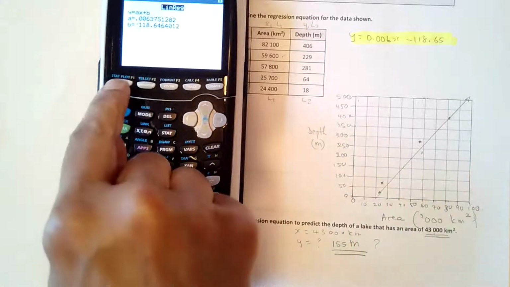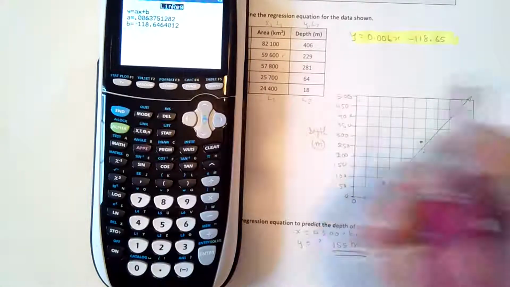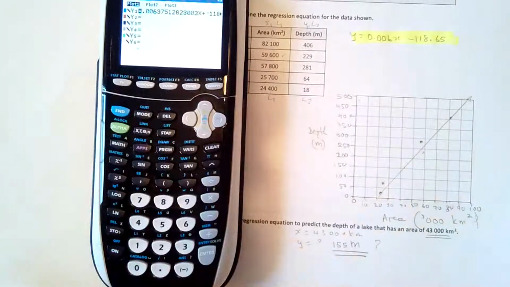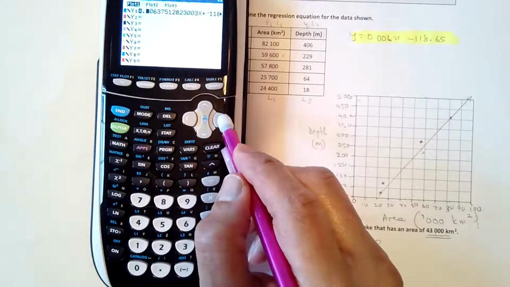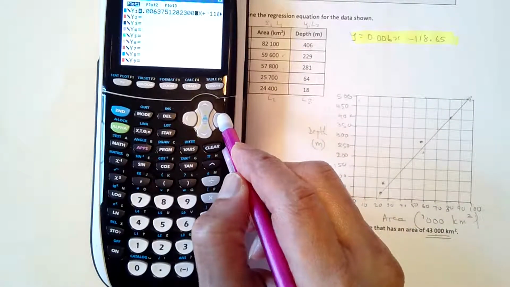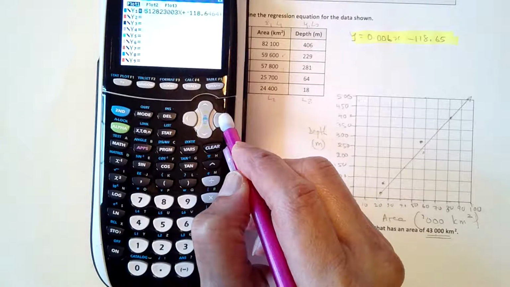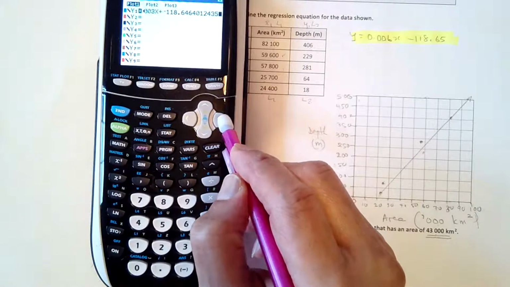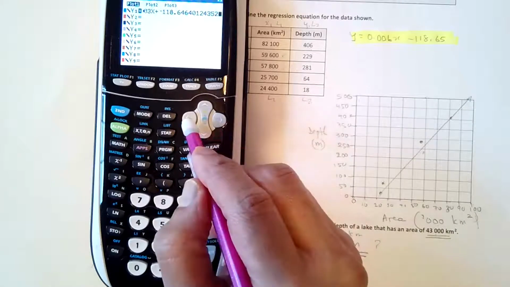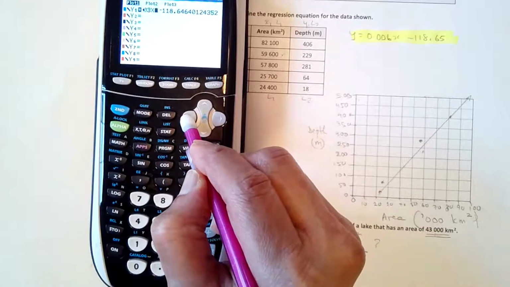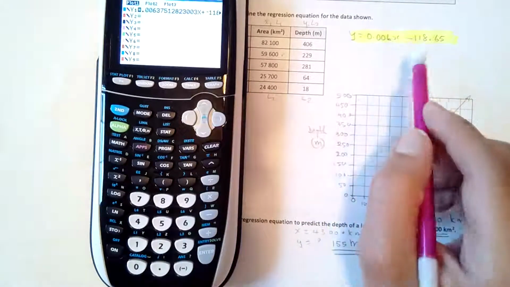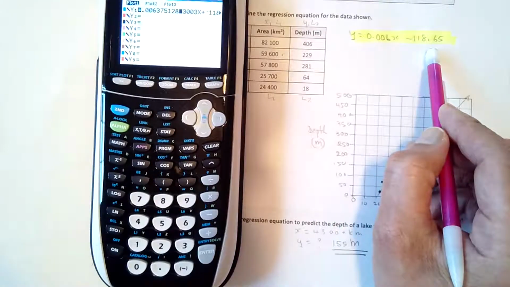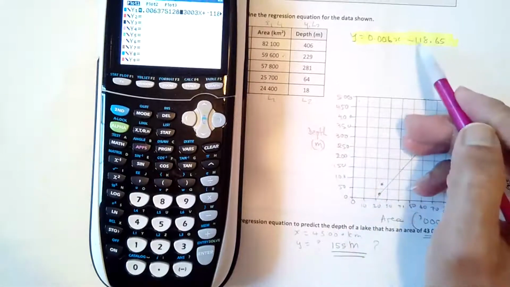Now, if you were to press your y equals button, you'll find the same equation being displayed with up to 9 decimal places or more. So for our purposes, we leave it to 3 decimal places and 2 for the b. So this is your y-intercept.